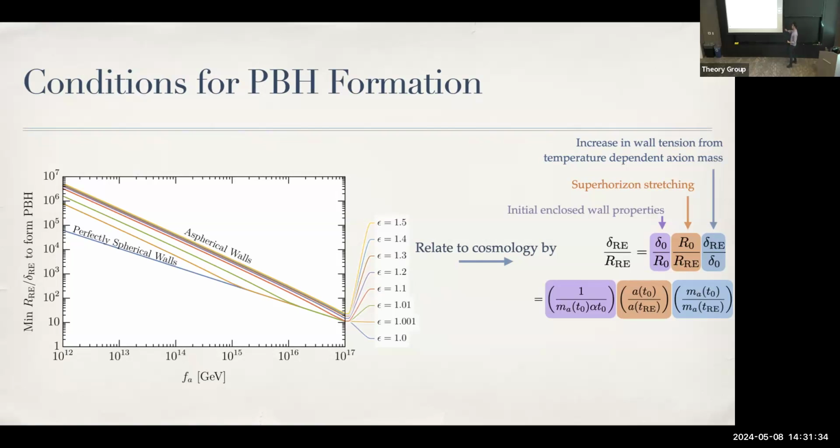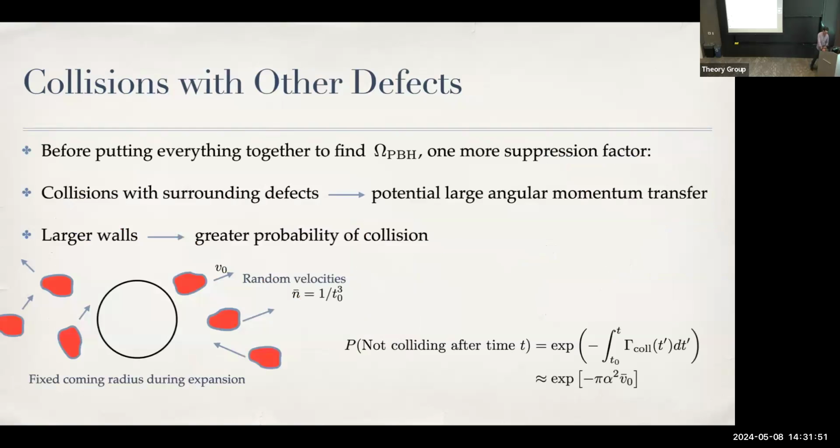My radius at re-entry compared to my radius at formation is related to how much time the wall spends outside the horizon, as well as any thickness effects that the axion mass may turn on and grow, which actually helps you slightly for compressing this into a given volume.